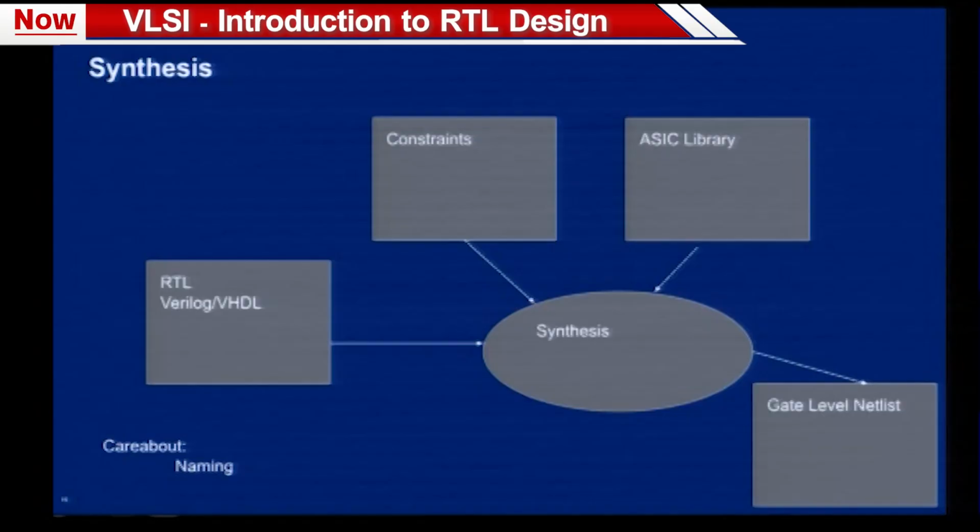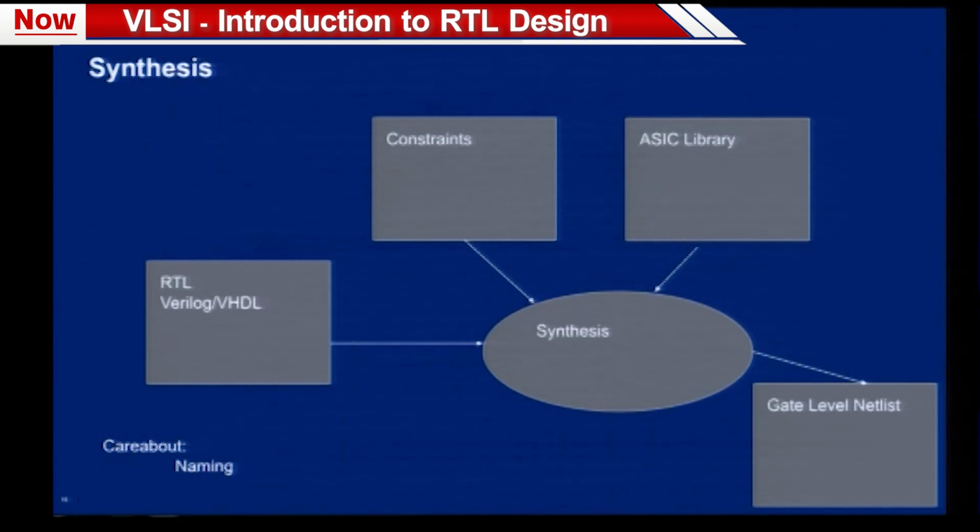I also mentioned here there is something called naming. So, you wrote your RTL, and in the RTL you had all these variables. When synthesis tool generates a netlist, it should retain the naming from your RTL onto the netlist also. Okay.